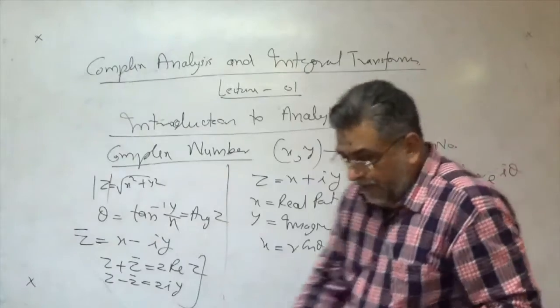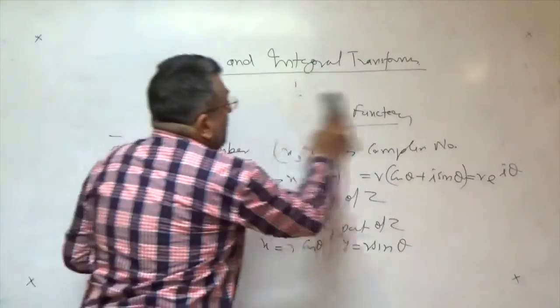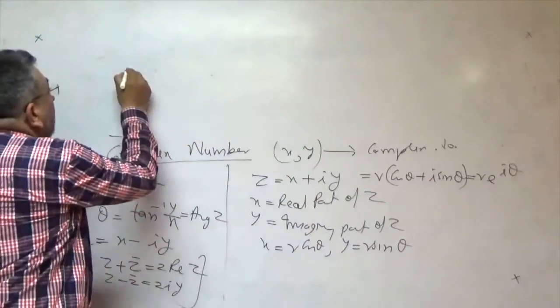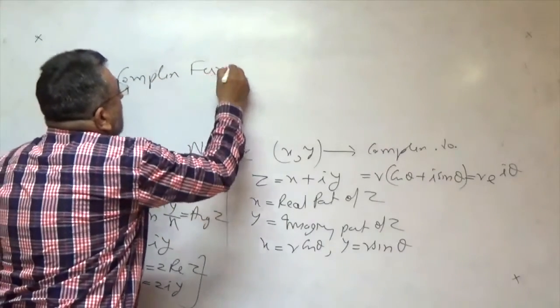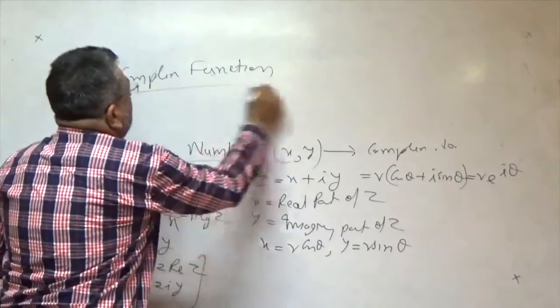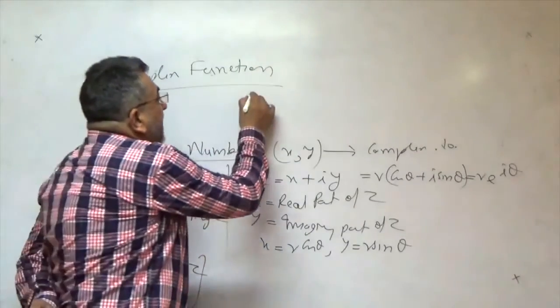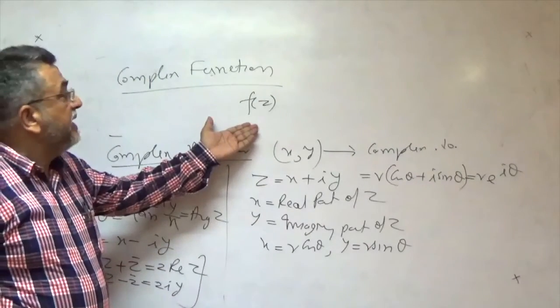Now, for introducing analytic function, we have to know what is the complex function. Complex function, if we take a function of complex number, you know that function is denoted by f of z.